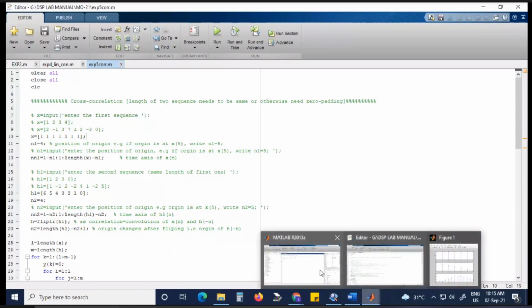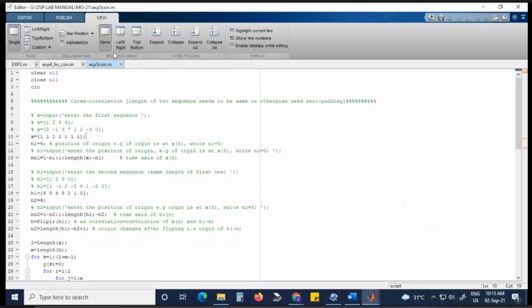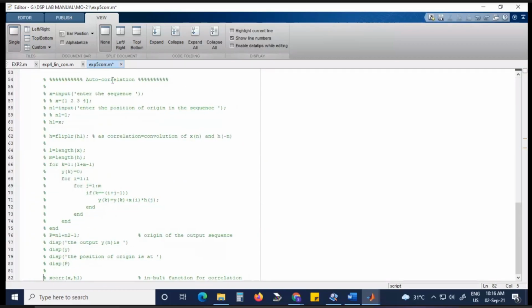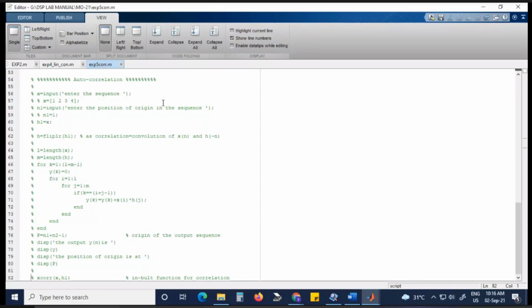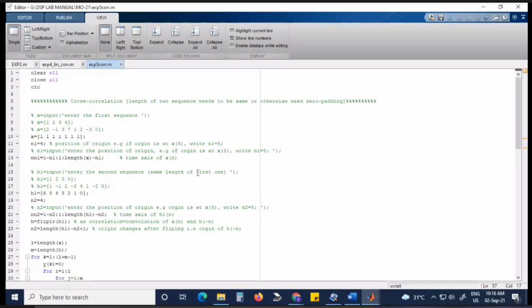Sir, go to view. For expanding into folding section. You are not audible clearly. Sir, it is visible, sir. Is it visible? Yes, sir. Okay. So I will explain.